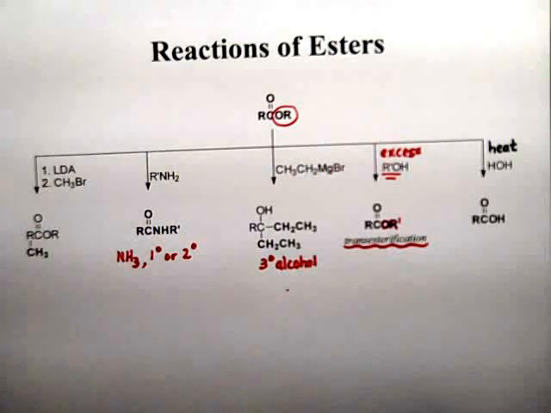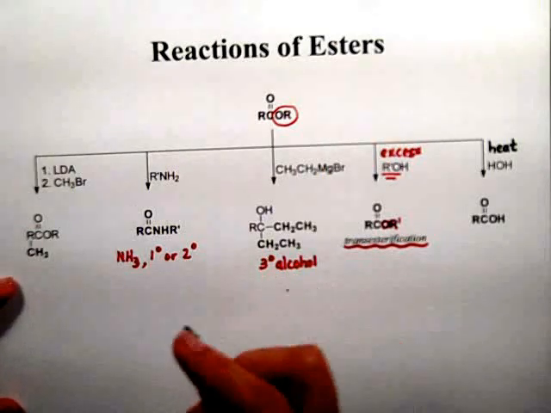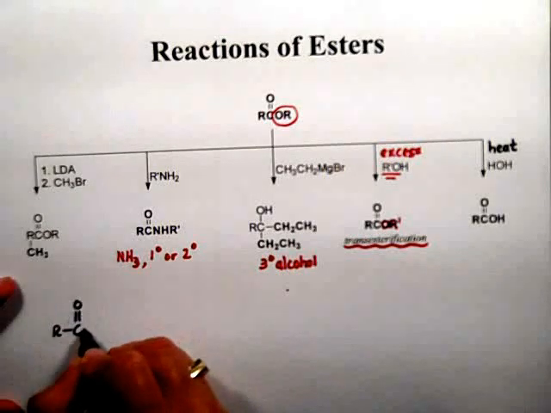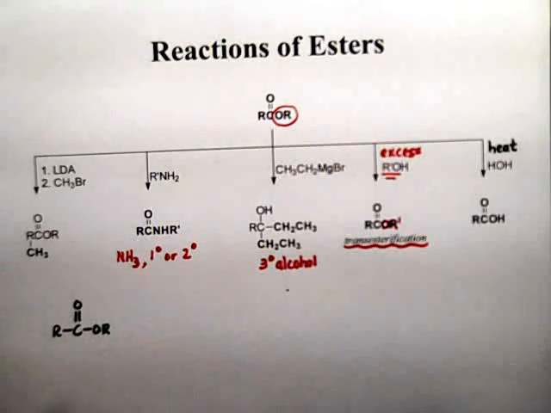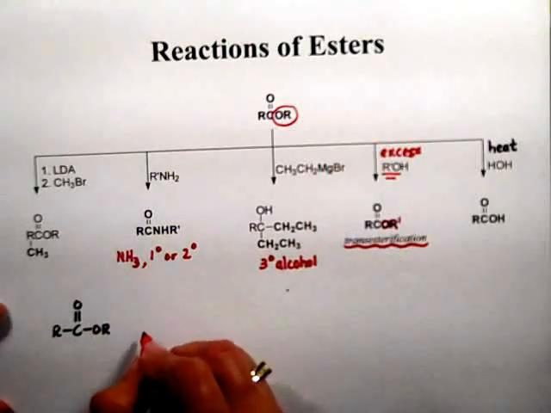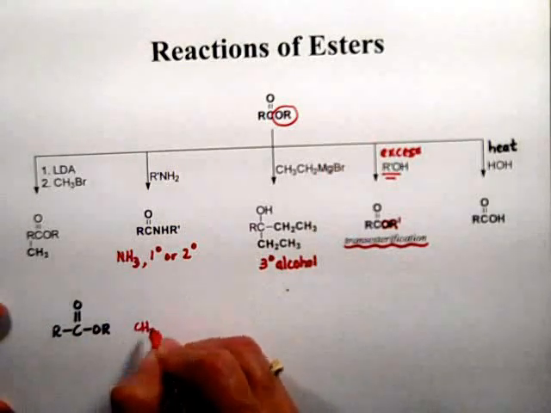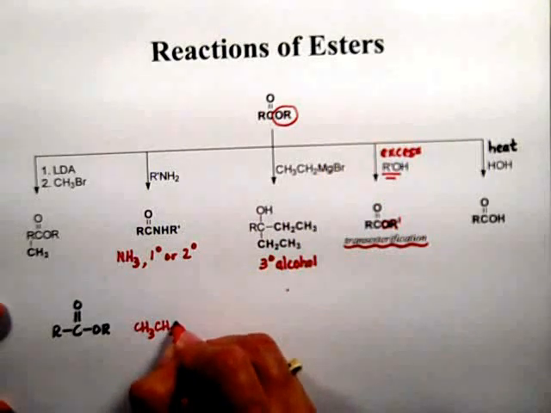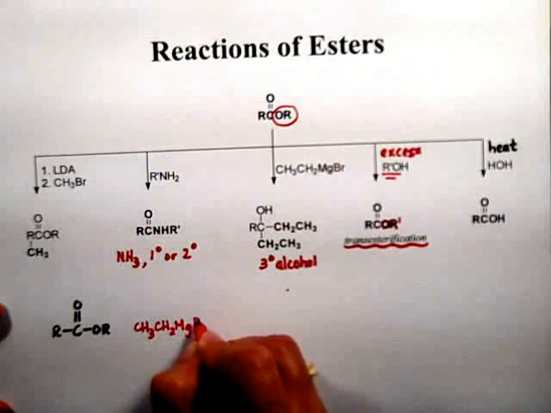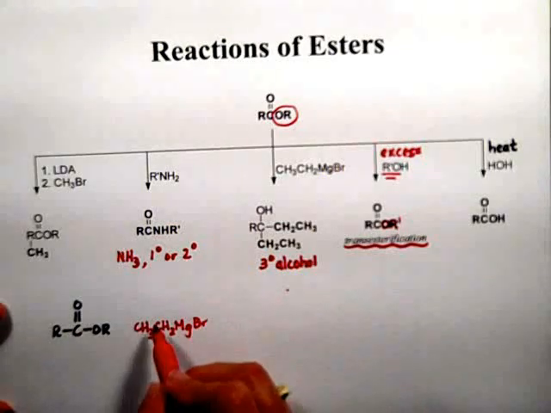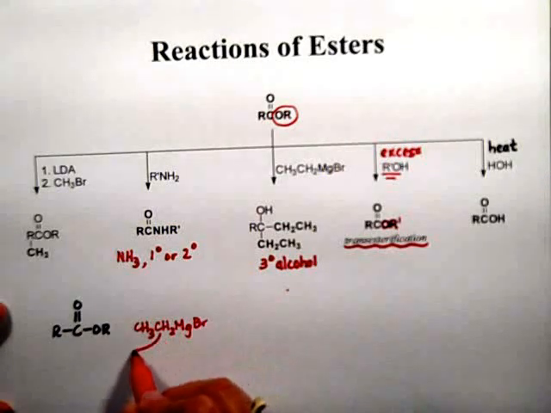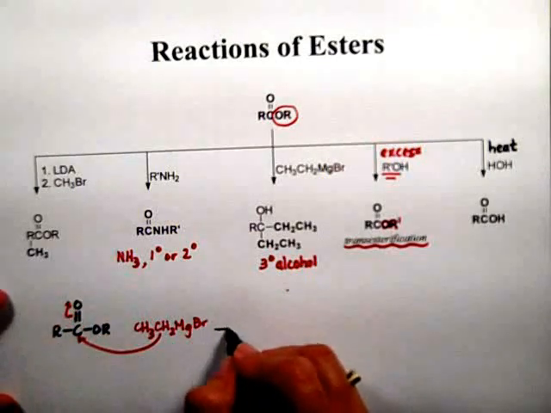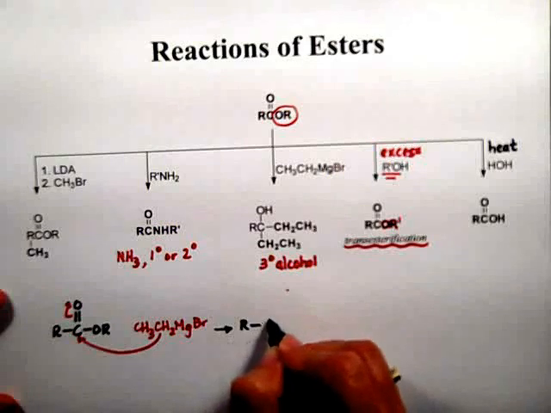Let's see what's happening here. All right, so I have my ester, and we are going to attack with a Grignard. It doesn't need to be this Grignard, it can be any Grignard that we want, but I'm going to use this one. So this carbon is negative, so it attacks the carbonyl and it forms a tetrahedral intermediate.